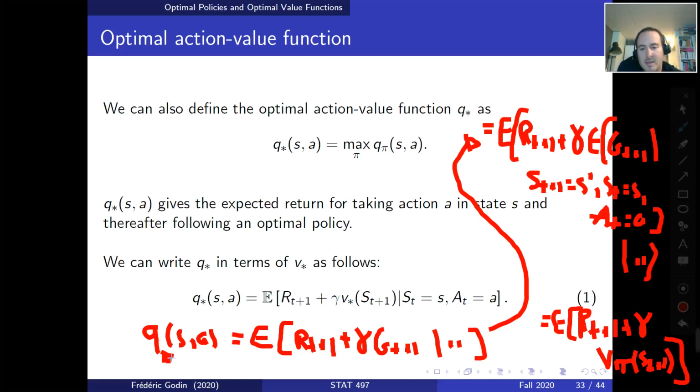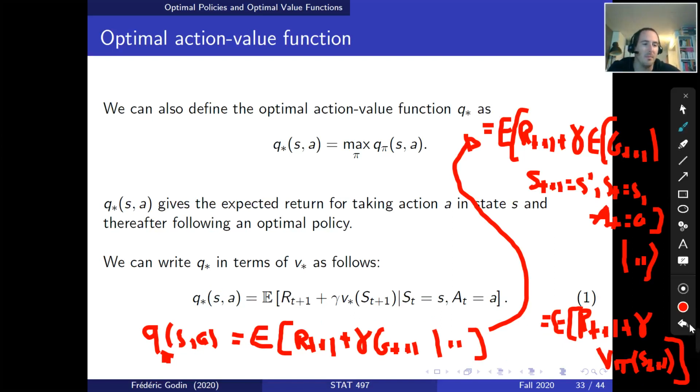If we replace pi by pi star, we have the optimal action value function, and here this v pi is just replaced by v star, the optimal state value function. This is intuitively how we obtain this equation here.